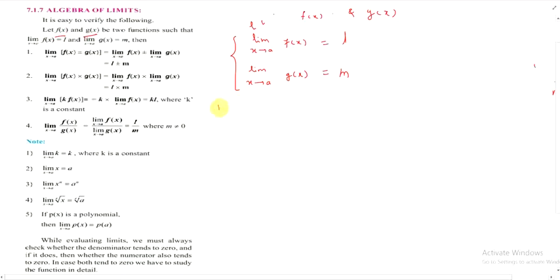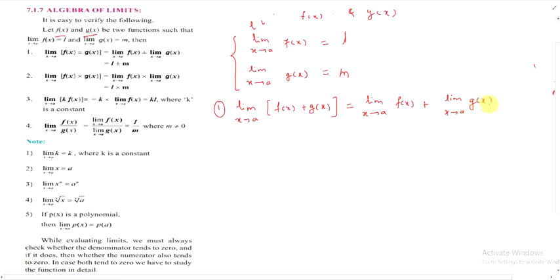So here our first thing is addition and subtraction, but before that, addition. If we take limit of the addition of f(x) plus g(x), then it is same as addition of their limits, that is, we can take separate limits and add them in this way.